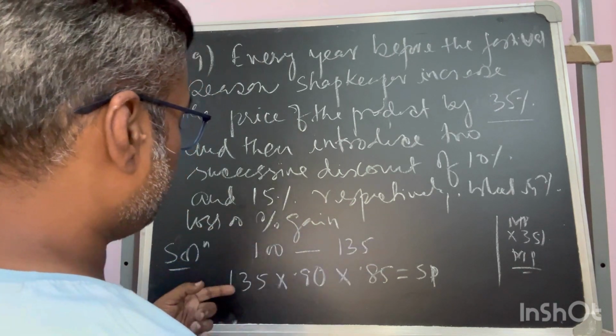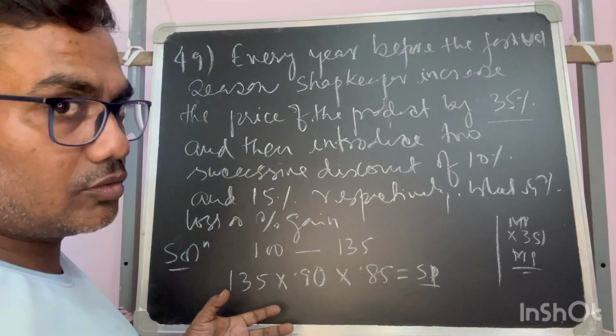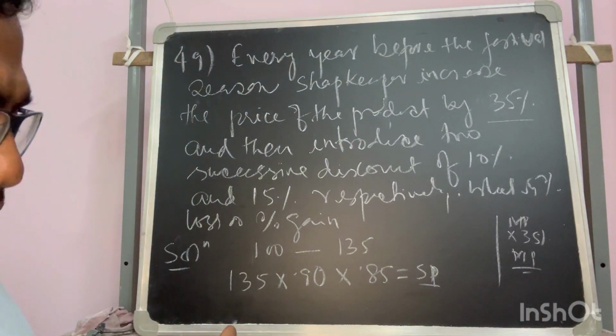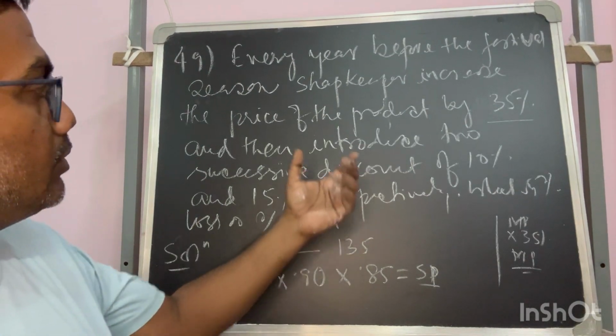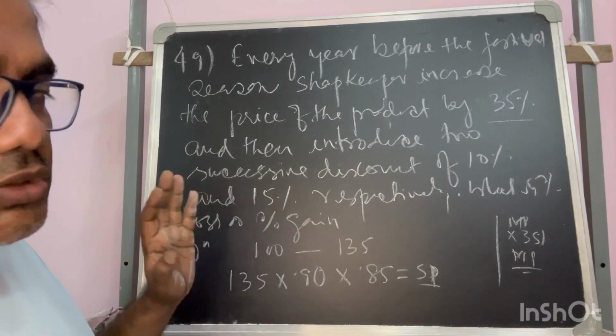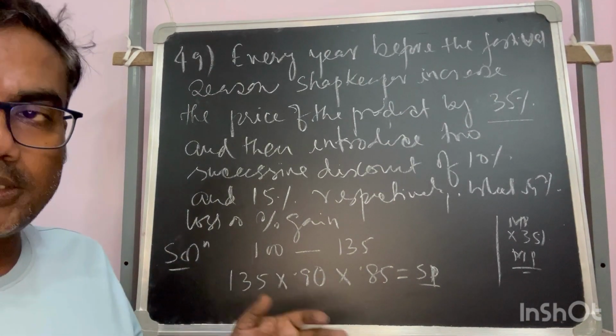Now if this is the selling price, on which he will make a profit or gain. Nowhere in this sum is the cost price mentioned, or there is no way of getting the cost price.